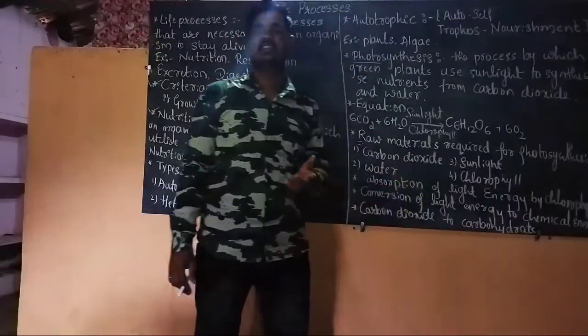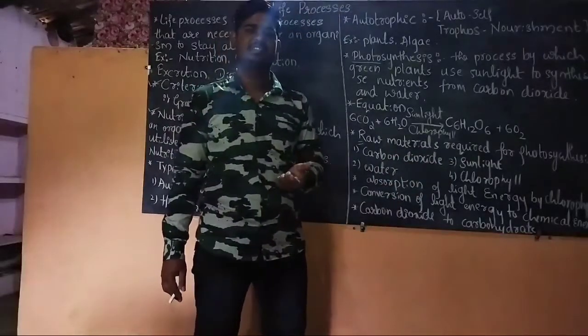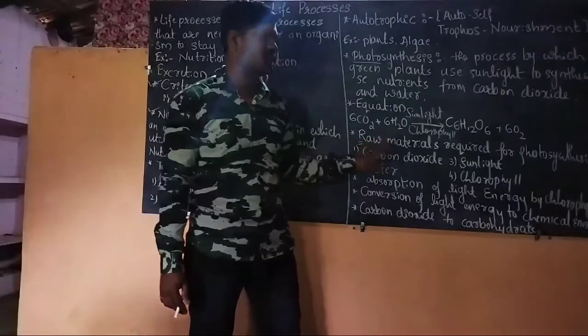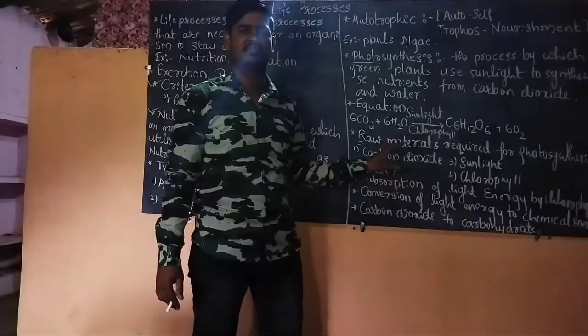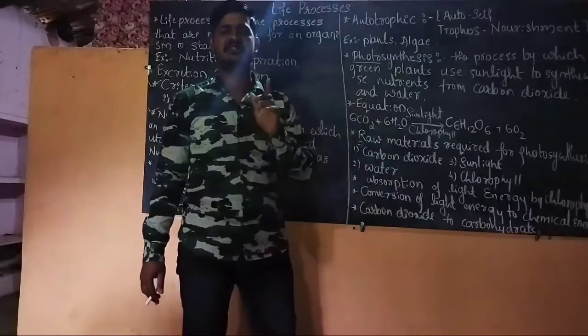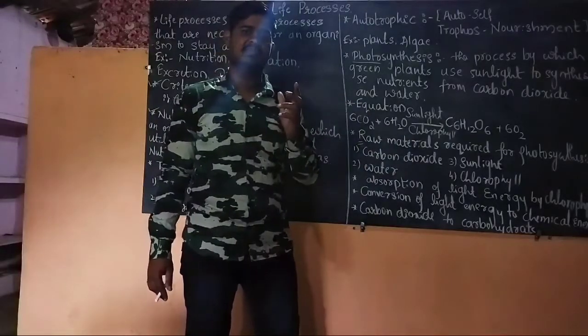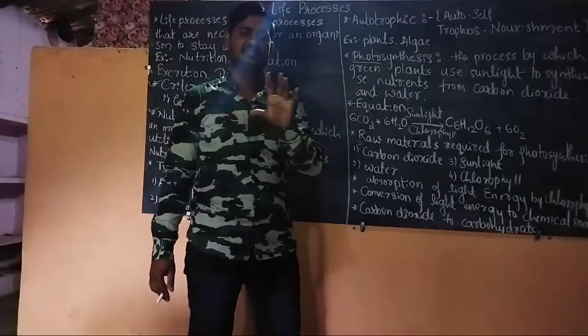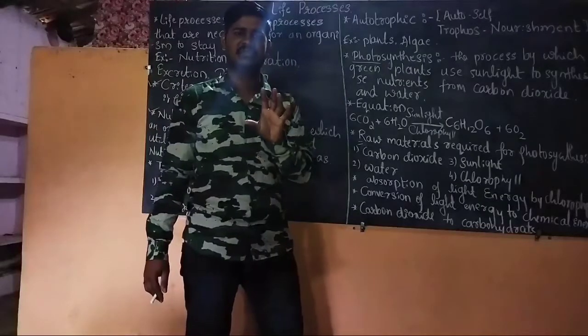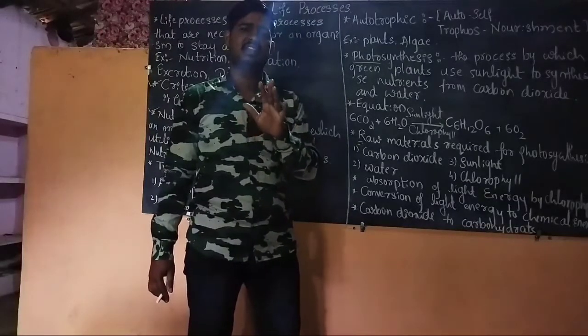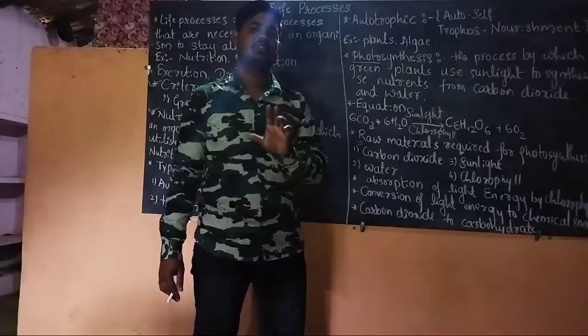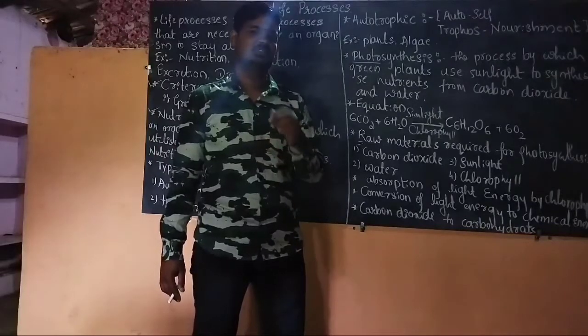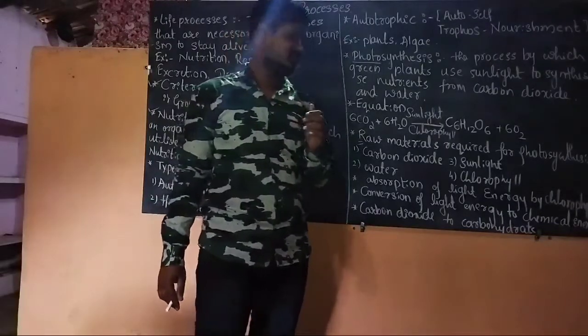Then chlorophyll, which is present in the green leaves of the plant. These are the four raw materials required for photosynthesis. In the examination, the question may be asked as the definition of photosynthesis, the equation for photosynthesis, or the raw materials required for photosynthesis. You should remember these points.